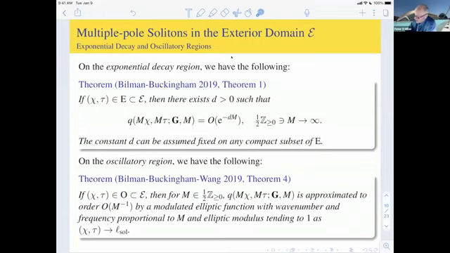And then the oscillatory region, that's the rest of the exterior. So there's the following result, which can be found in this preprint with Wang, Buckingham and Bilman. If chi, tau is in the oscillatory region, part of the exterior, then when m is a half integer, this q, this kth order soliton, where k is exactly this half integer here, is approximated to order 1 over m by a modulated elliptic function.